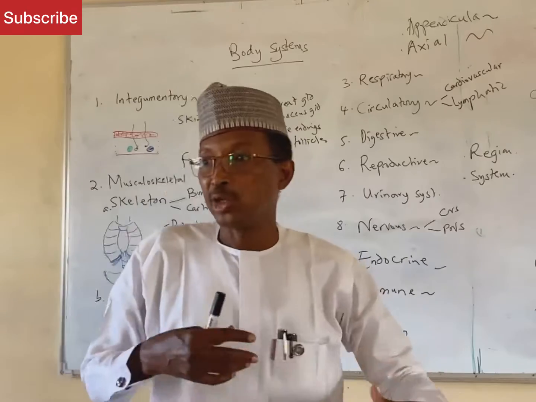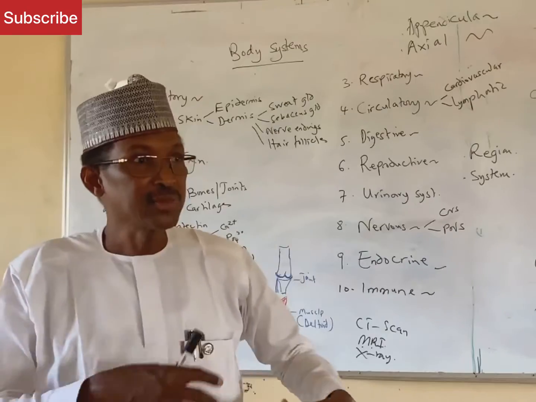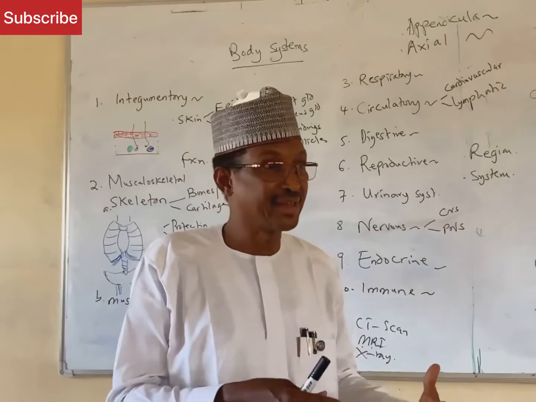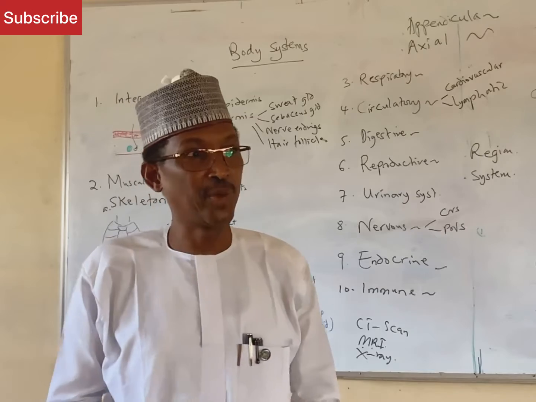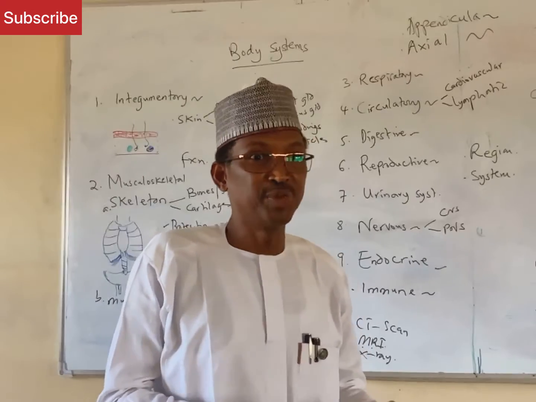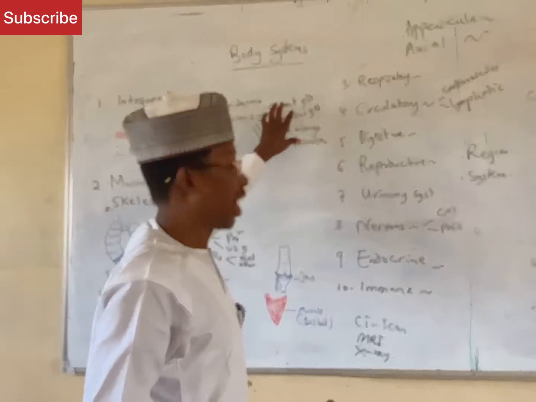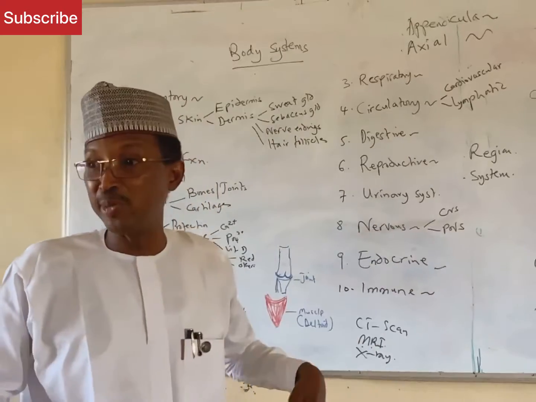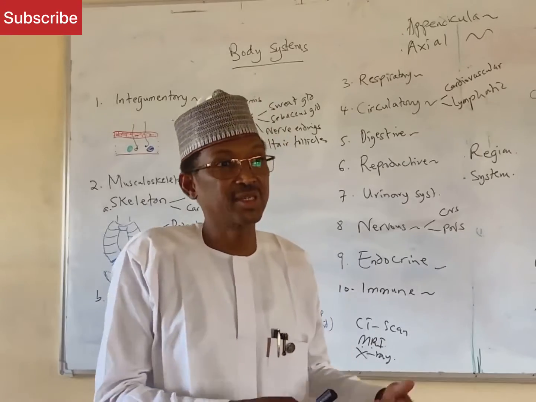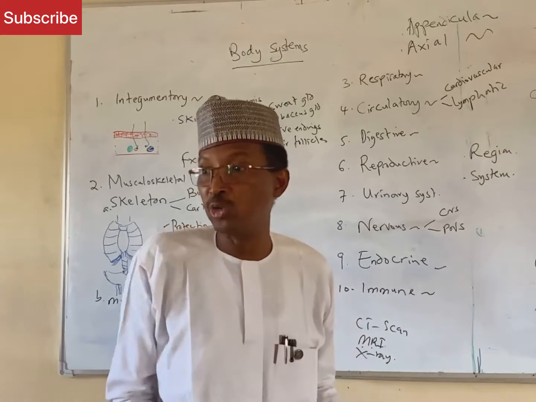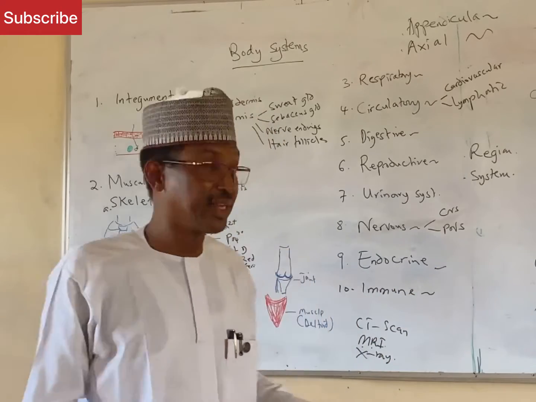Once normal body processes take place after eating and drinking, your body tends to produce heat. You get my point? And so the heat is taken out of the body through the sweat. By the time you sweat, you will see that the sweat is a little bit warm. So it helps in dissipating heat and what have you.